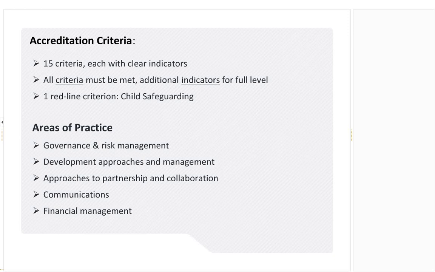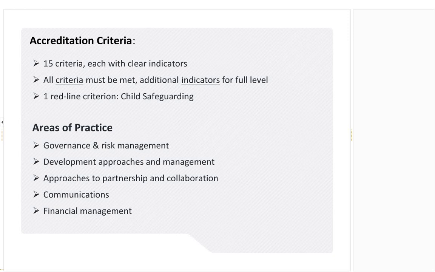So in terms of the criteria, all criteria must be met. There are additional indicators for the full level. We also have one red line criterion. So red line means it's an automatic fail of the whole accreditation process if you don't meet that criterion, and that criterion is around child safeguarding.